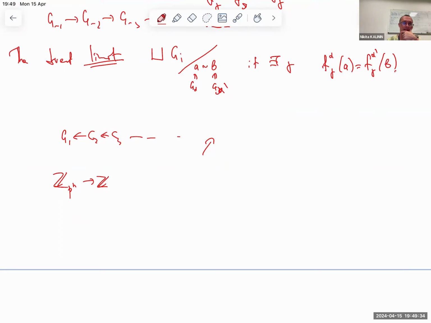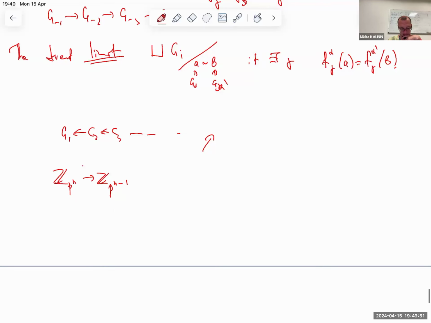So if you have p-adic numbers, what you have is this map from Z/p^n, and that's mapped to Z/p^(n-1), right? And here it's just multiplication by p, right? I suppose that for p-adic numbers, the morphism is taking the remainder, no? Taken mod p, right? So it's taken mod.